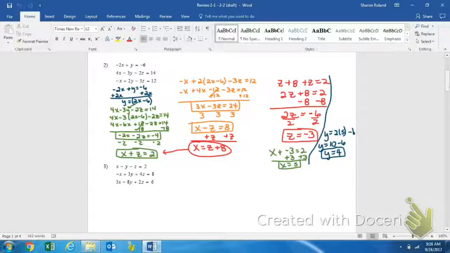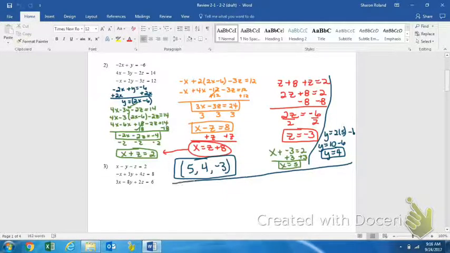Okay, and I'm going to write that as an ordered pair, and I'm going to move back over here where there's a little bit of space. So that would be, I'm going to put this in blue, 5, 4, negative 3. And there's your answer. And let's draw a line.